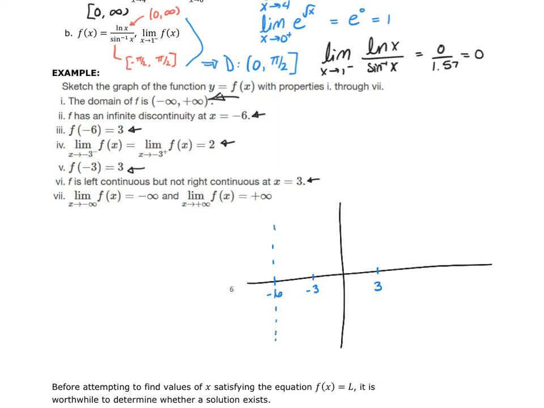I also know as x goes to negative infinity, it is going down. So on the left side of -6, I go up, but then I'm going to come down, and then my graph is going to go down. So this satisfies this part, and it satisfies the infinite discontinuity, at least on one side.